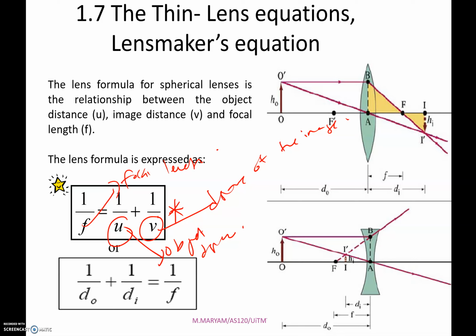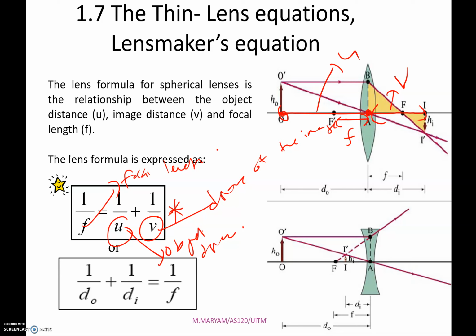The distance of the object will be from the center of the lens towards the object. So this will be the u. Whereas the distance of the image will be from the center of the lens to the image. So this will be your v. And of course your focal length will be the distance from the center to the focal point. So this will be your f.